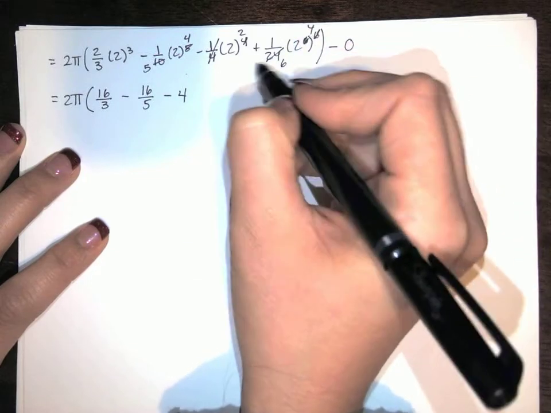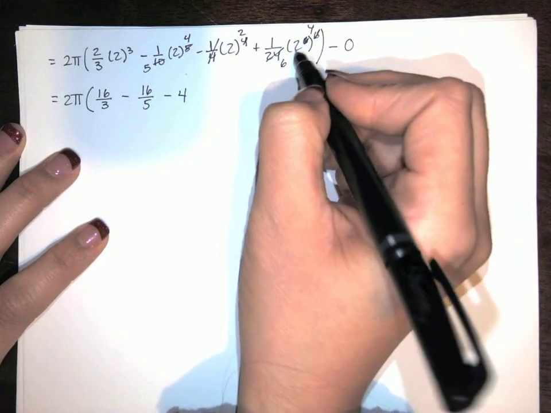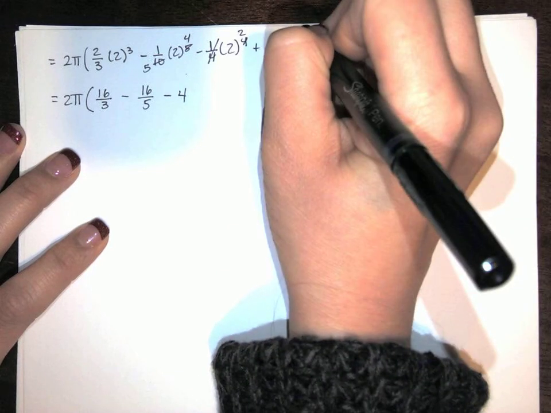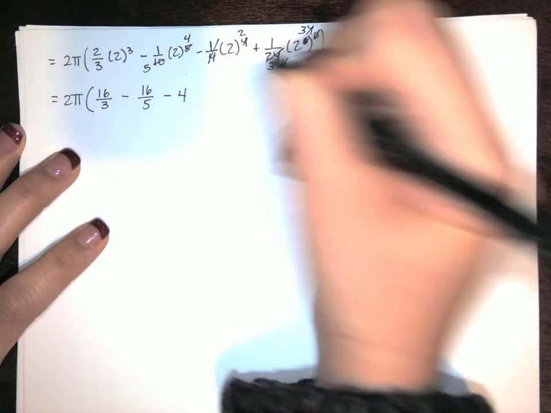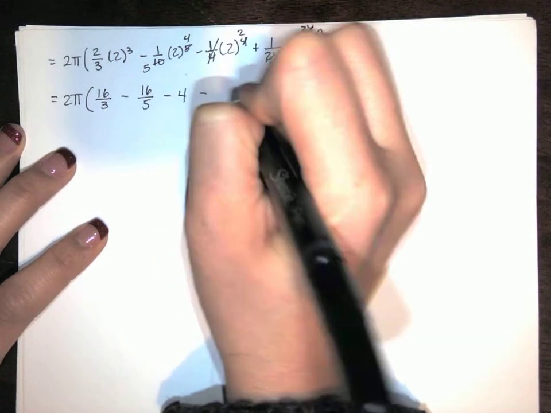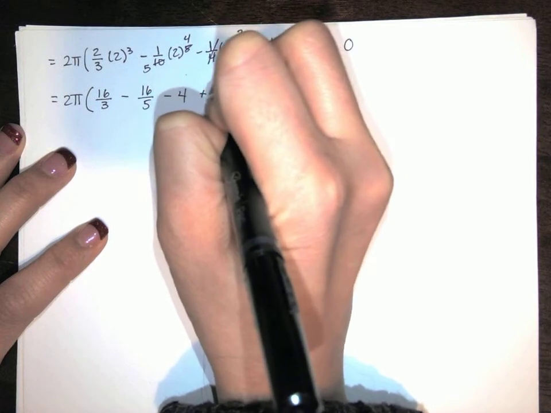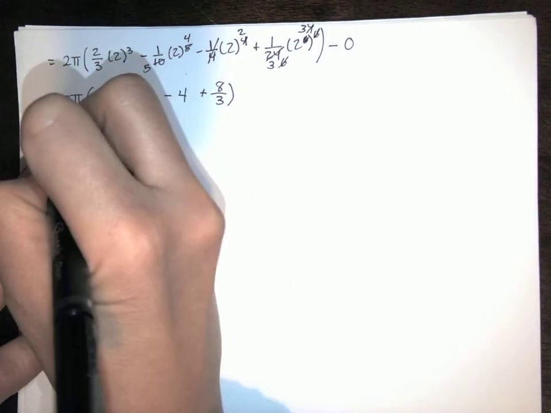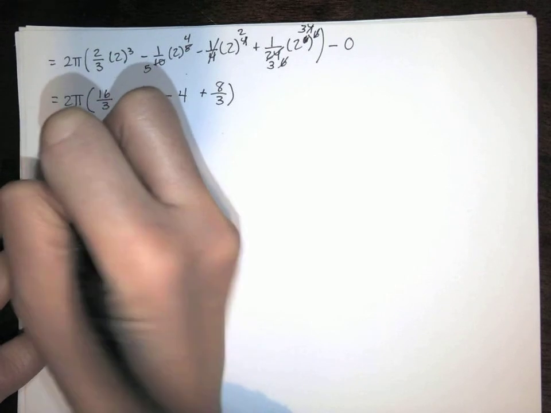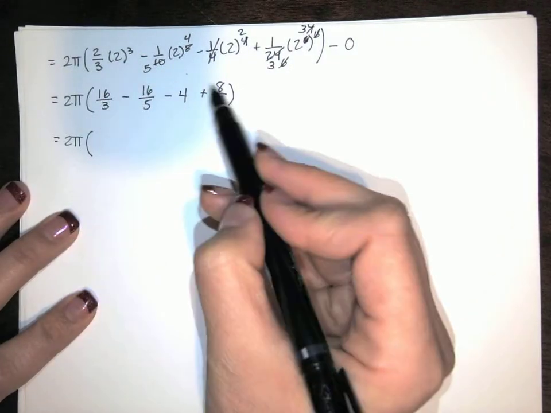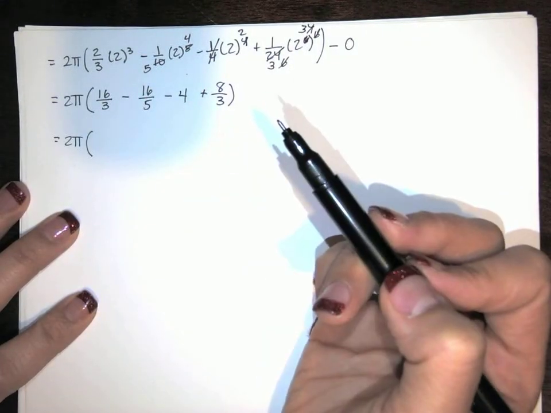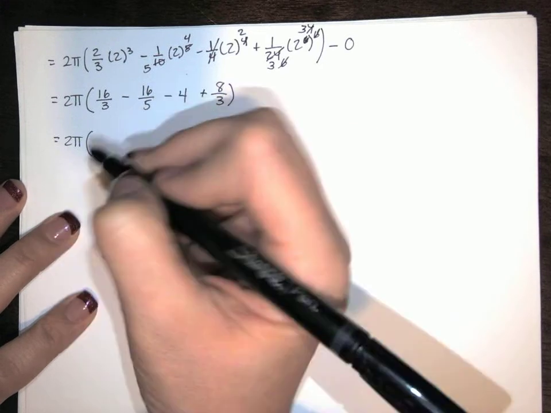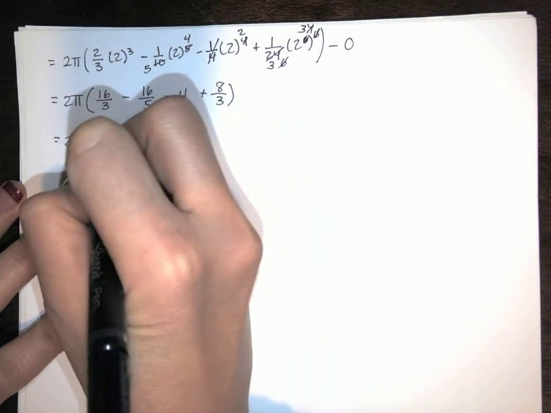So when I divide by 4, I get 6, and then I've got 2 to the 4th over 6, so 2 cubed, get rid of one of those 2's, so we're going to have 8 over 3. Okay, you can always use your calculator for arithmetic, guys. I've got 16 over 3 plus 8 over 3, that's 24 over 3. 24 divided by 3 is 8.